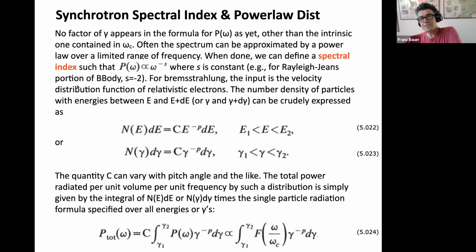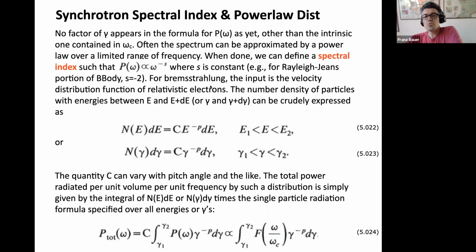On the Rayleigh-Jeans portion of a black body, S would be -2. Right, so the frequency would increase squared. For Bremsstrahlung here, what we would do is we would input a velocity distribution for the relativistic electrons, and this would dictate what the spectrum looked like.